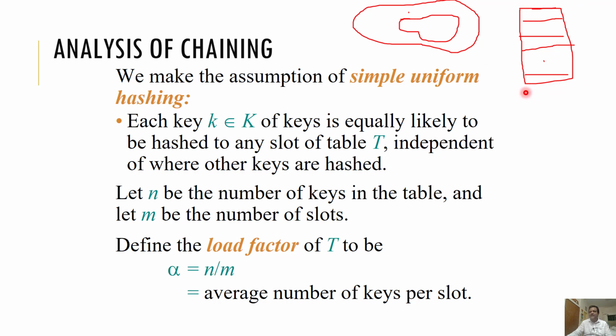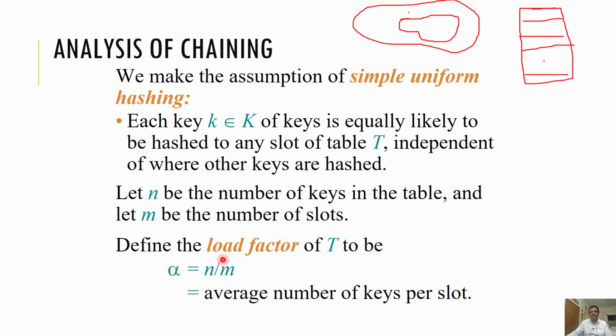See, if there are say 200 keys and 100 slots, obviously we cannot fill them one each, we have to have chains. But if we follow uniformity, then 200 keys will be distributed into 100 slots. If it is uniform, then each slot will get 2 keys.